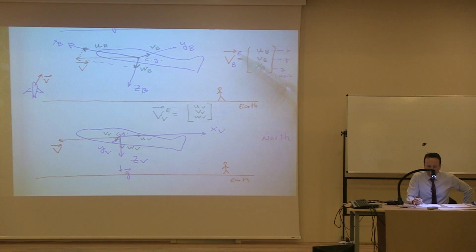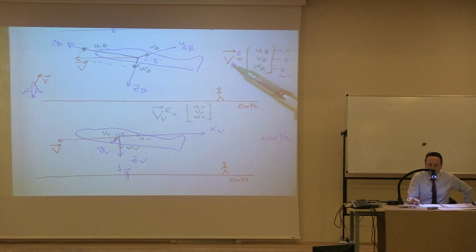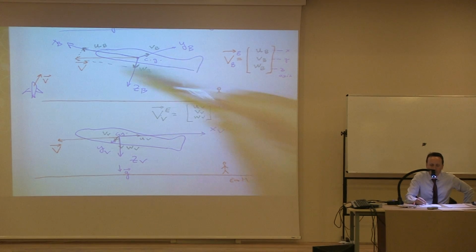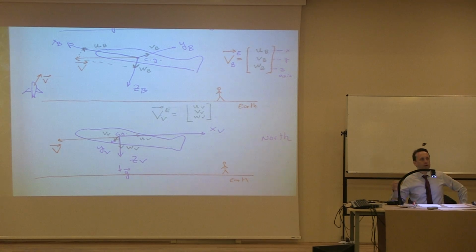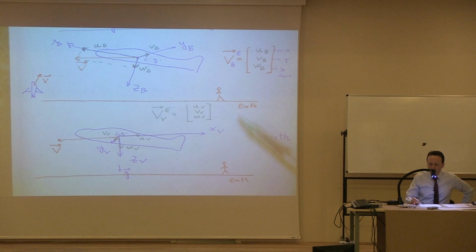So, E means that it is the velocity vector of this airplane as observed from Earth. But it is written in two different coordinate systems. One is decomposed in this coordinate system. The other one is decomposed in this coordinate system. But it is the same velocity vector. There is only one velocity vector that this person will observe looking at this airplane. Does that make sense?